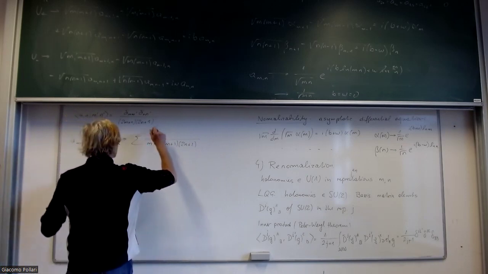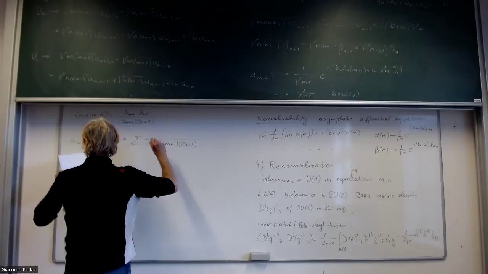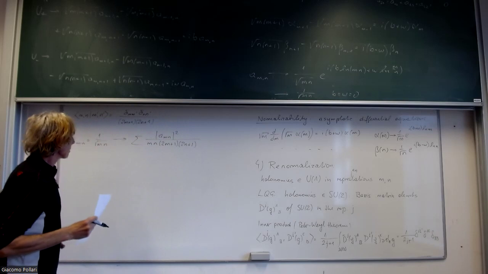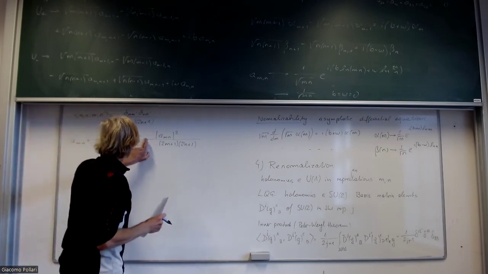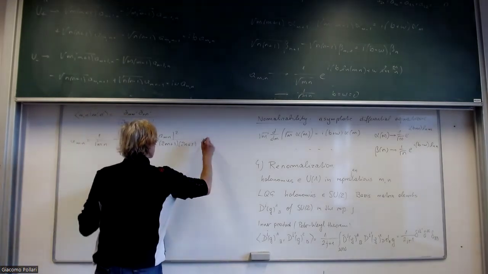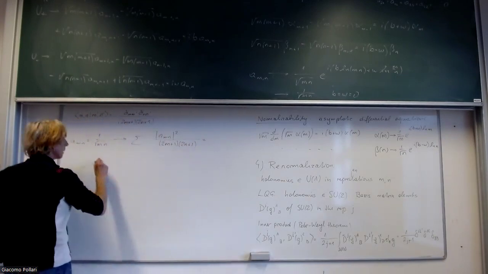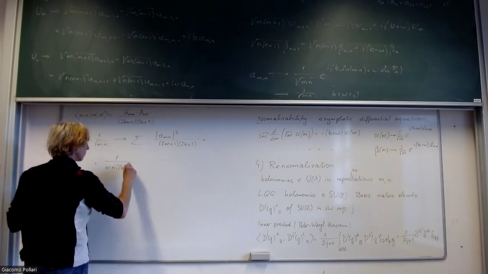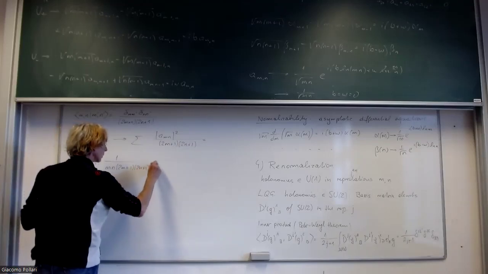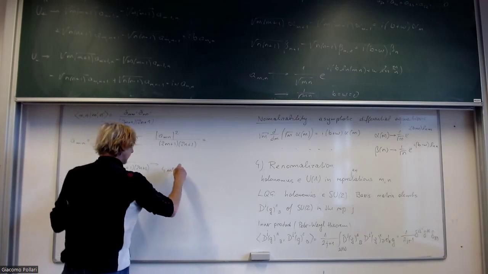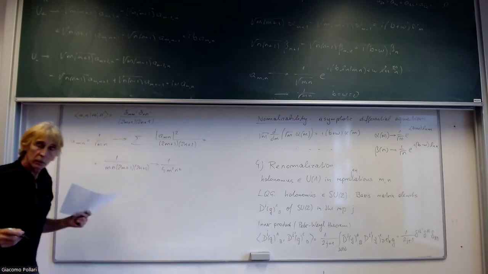So we get 1 over n, 2n plus 1, 2n plus 1, going for large n to 4n squared, n squared, which now is normalizable.